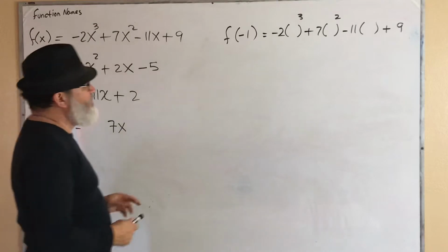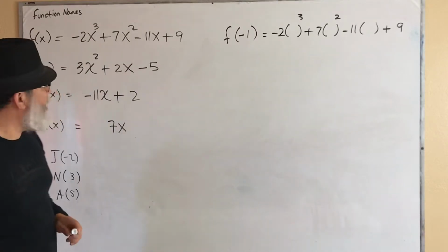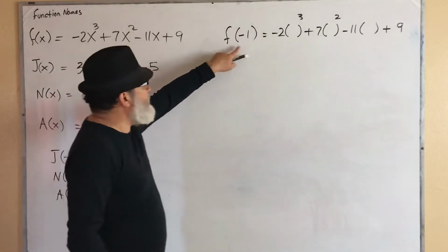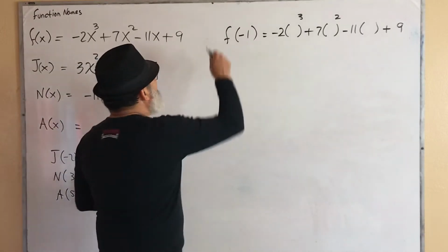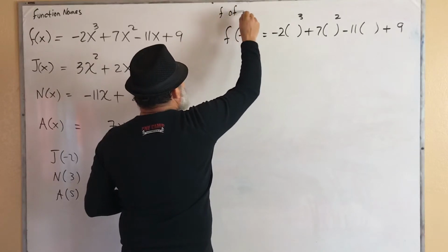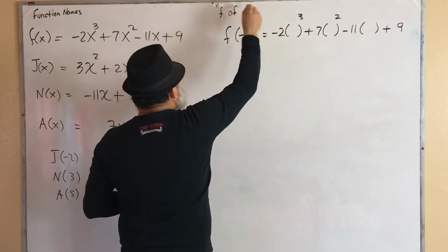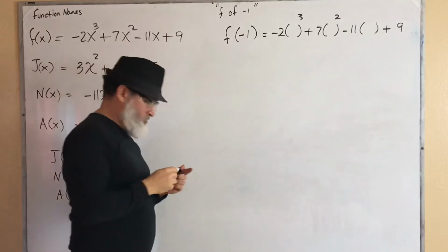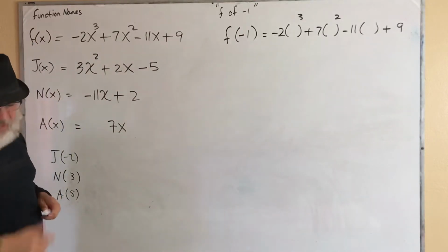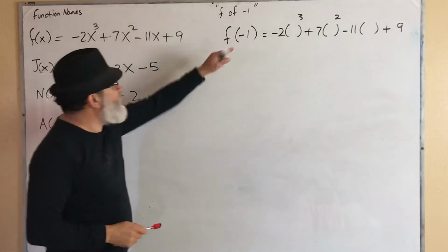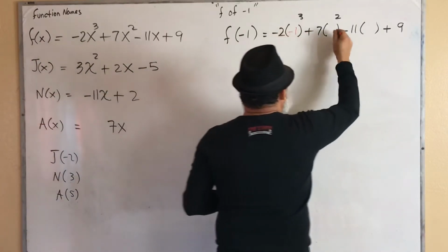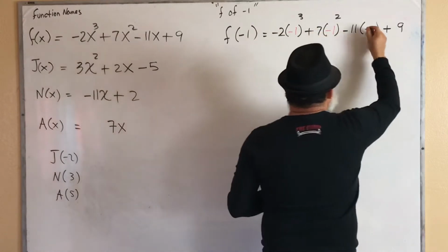All right, so now I'm going to plug in Franc of -1. This is f of -1. That's what it is. So let's plug in -1 for x. X is -1, -1, -1.